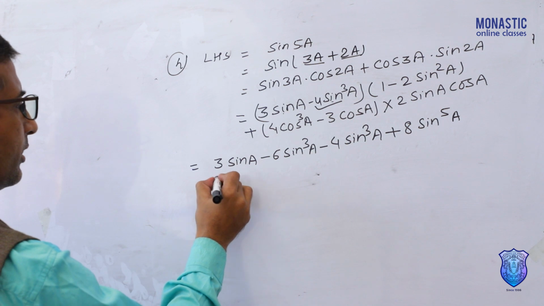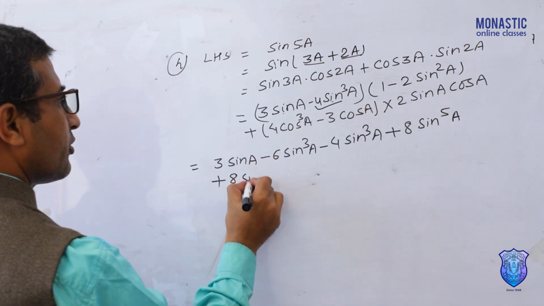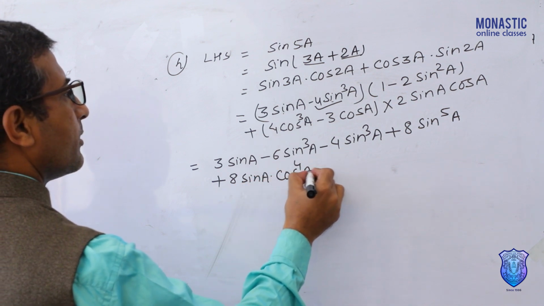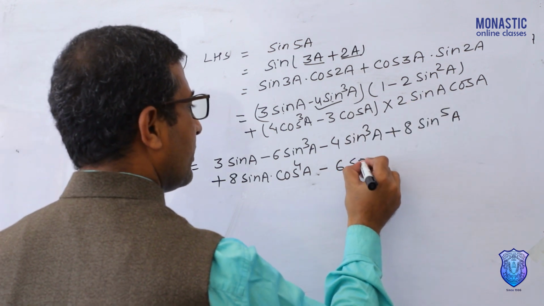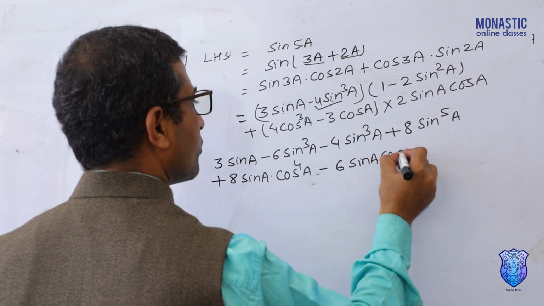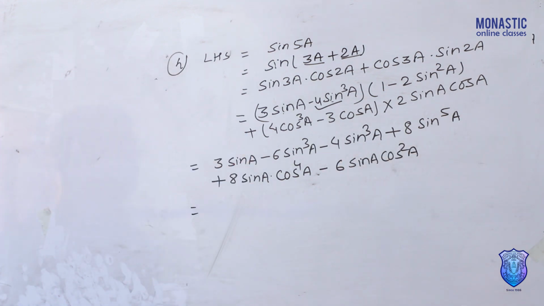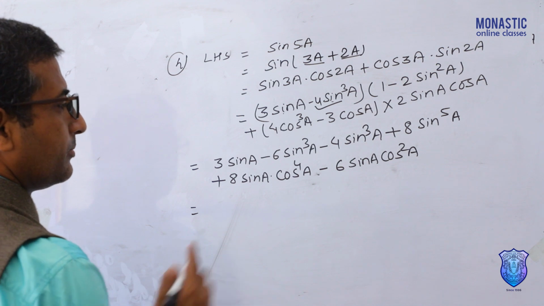Here 4 twos are 8 sine a into cos to the power 4a minus 3 twos are 6 sine a into cos square a. Here, whatever result we have obtained after the multiplication, which ones are not in sine? These two.